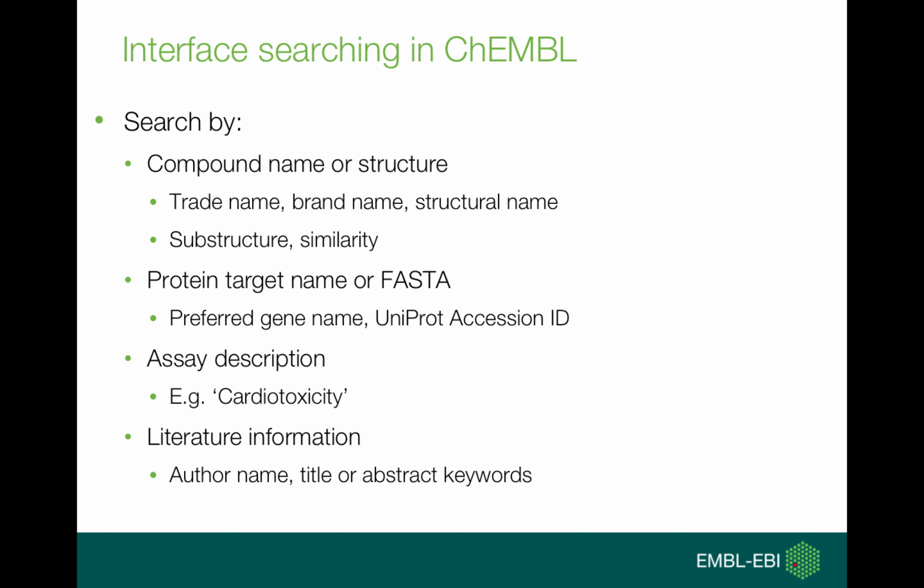So you can have a trade name, a brand name, or a structural name. On the target side, you can search using a protein target name, you can search using a FASTA sequence, an accession, or an ID. And on the assay side of things, you can search using an assay description such as cardiotoxicity. For literature, you could search using the author name, or the title, or keywords from the abstract.